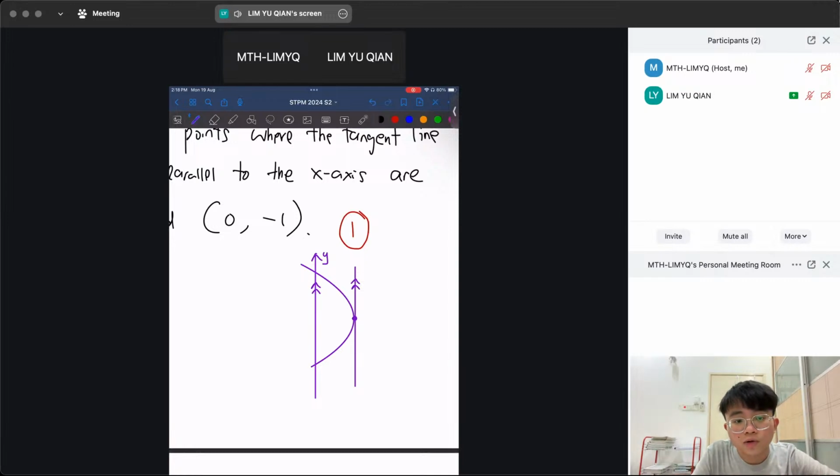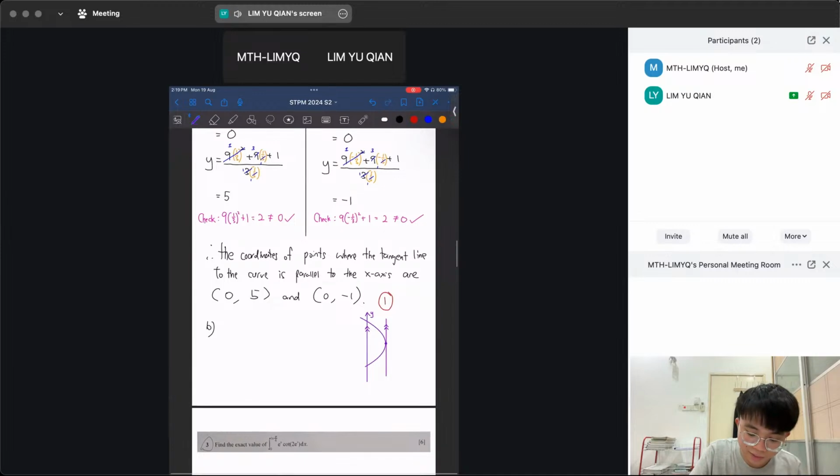So the gradient is parallel to the y-axis. A vertical tangent, as we discussed in class, its denominator will equal to 0, because the whole thing becomes very large, infinity, the whole thing equal to infinity. You can think like that.